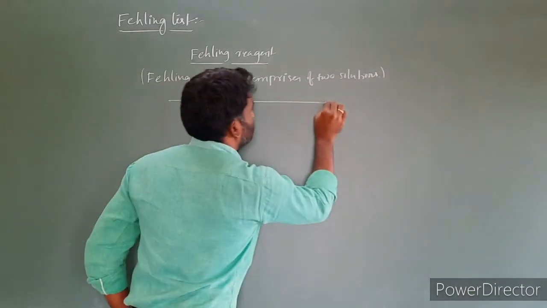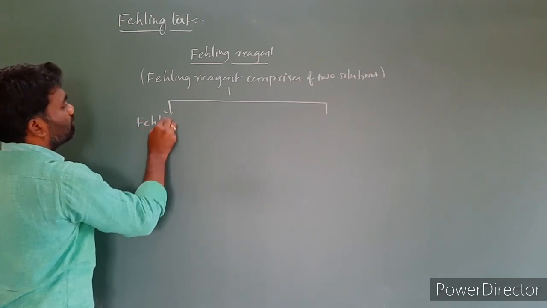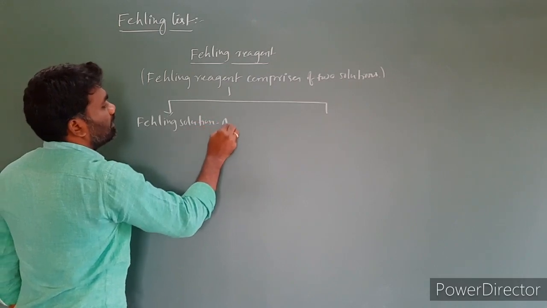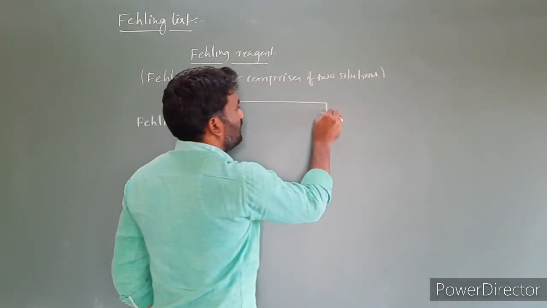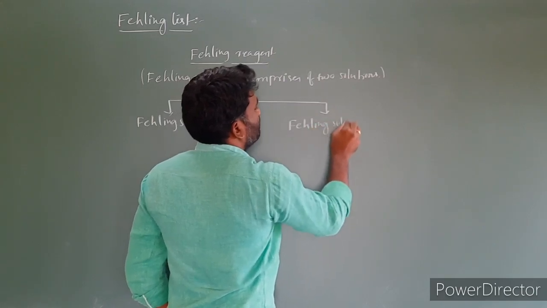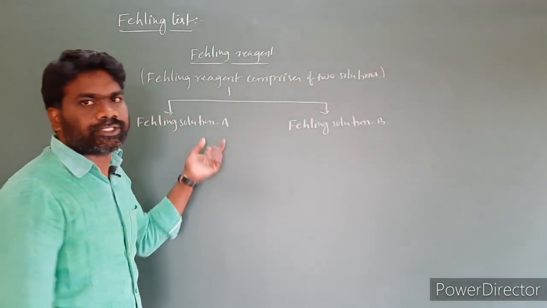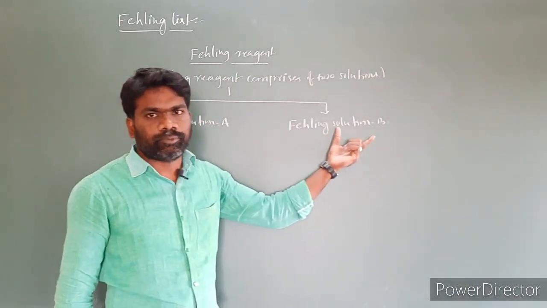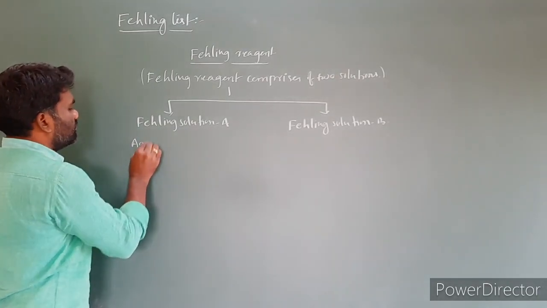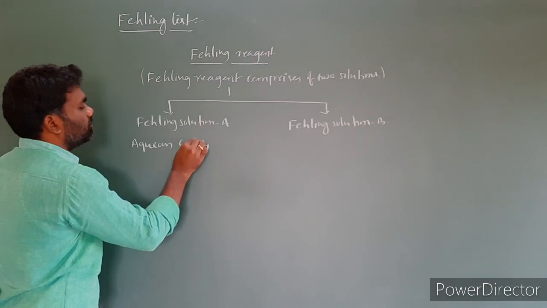Fehling solution A is nothing but aqueous copper sulfate, aqueous CuSO4.